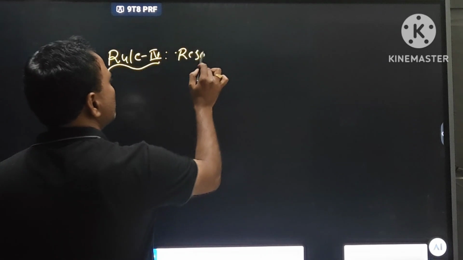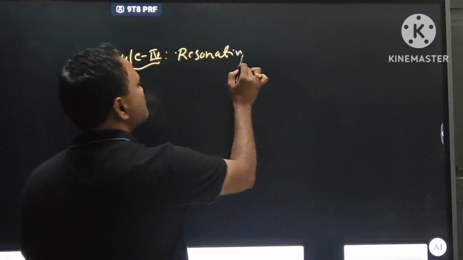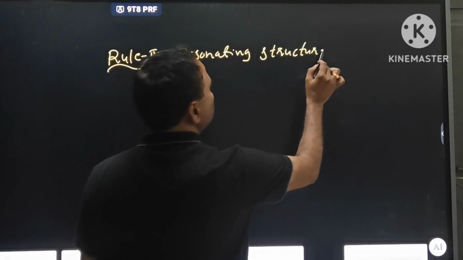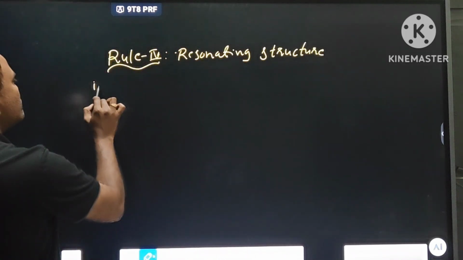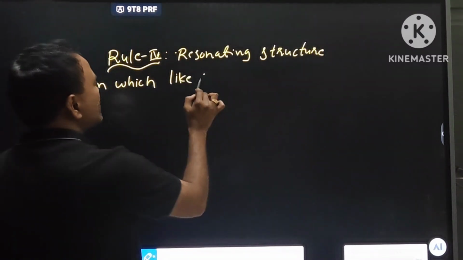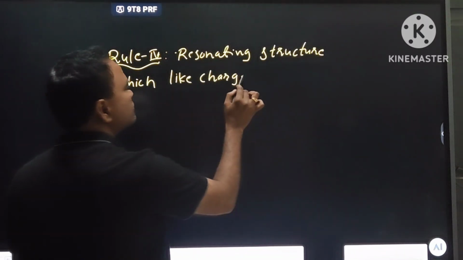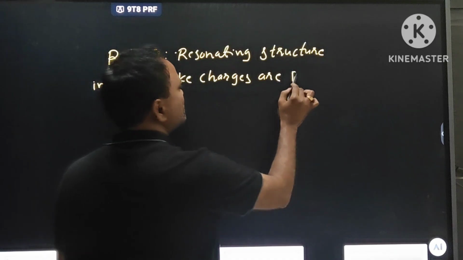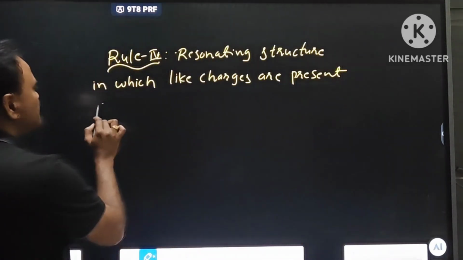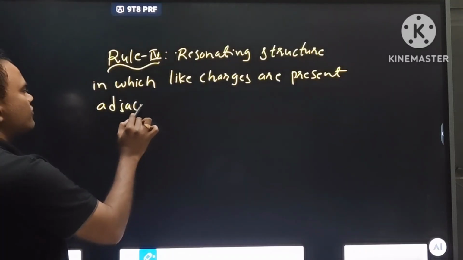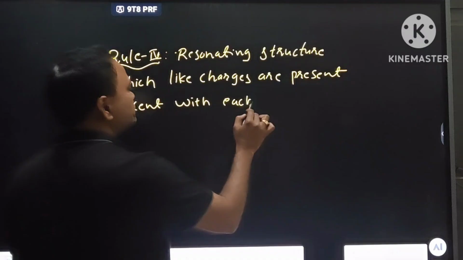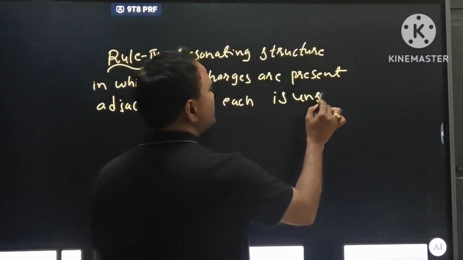Resonating structure in which like charges are present adjacent with each other is unstable.